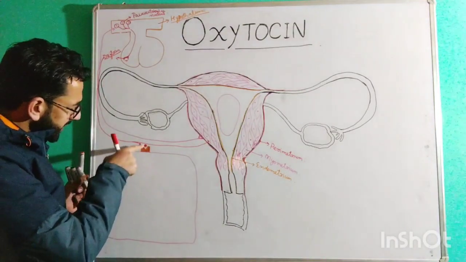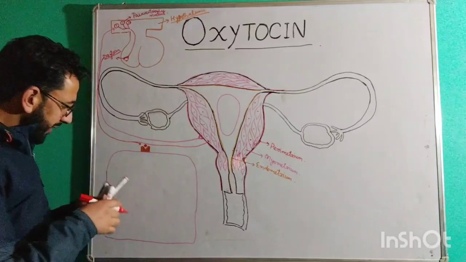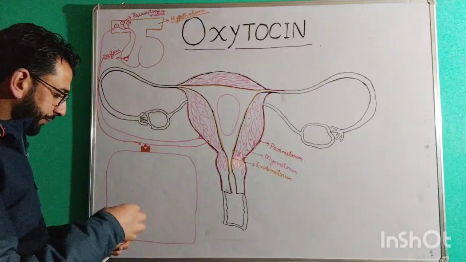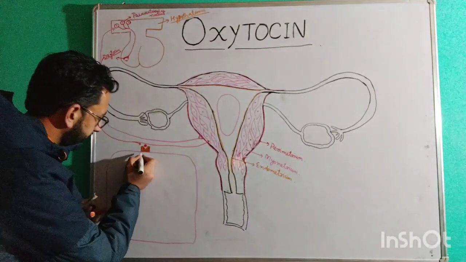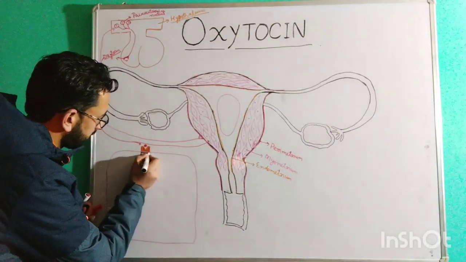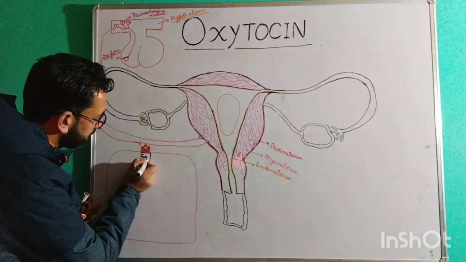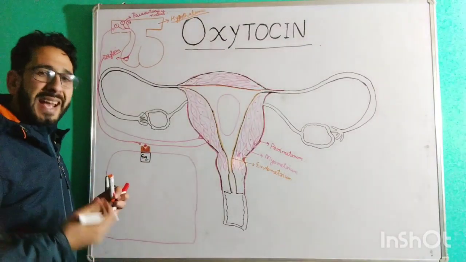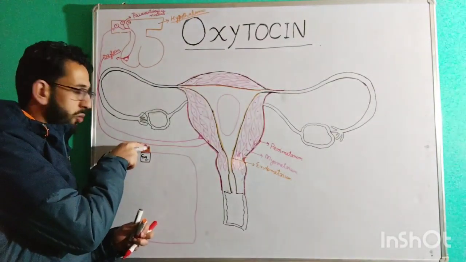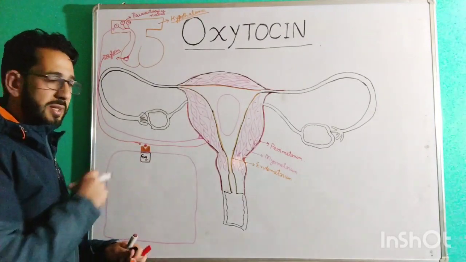Fine. Once oxytocin binds on this receptor, it activates one protein inside, and that protein is called Gq protein. So here is the Gq protein. It is activated once oxytocin binds on the oxytocin receptor of the smooth muscle cell.